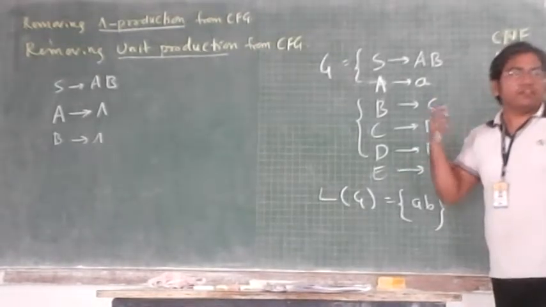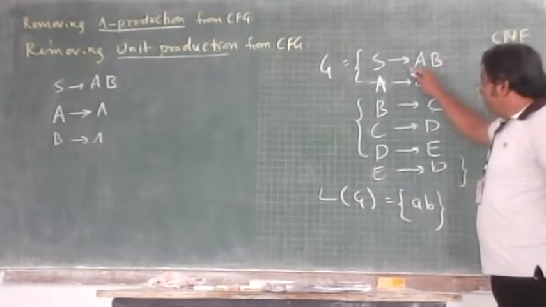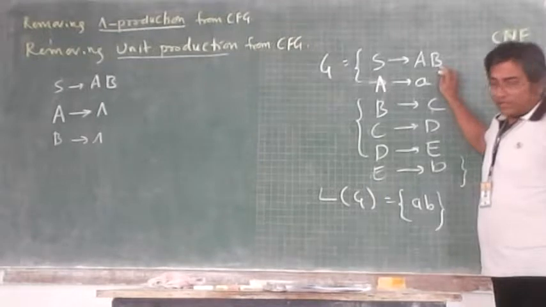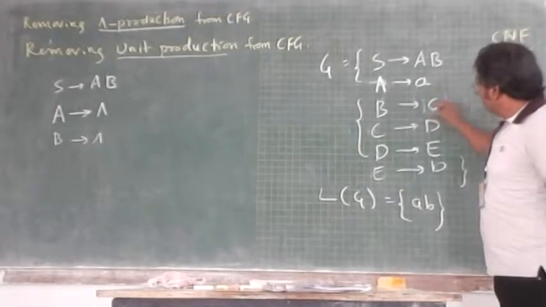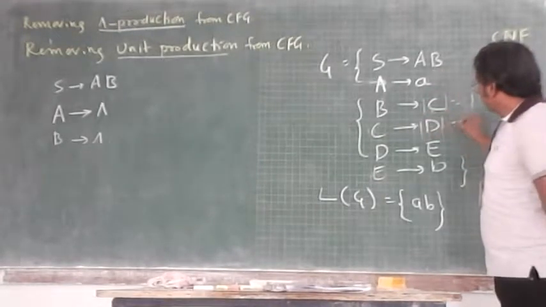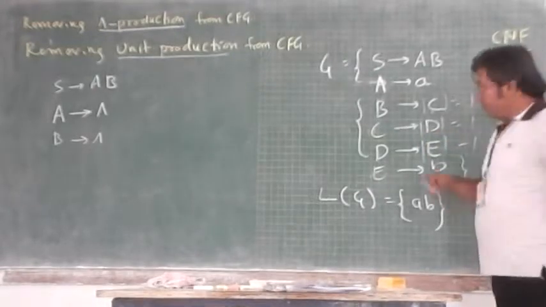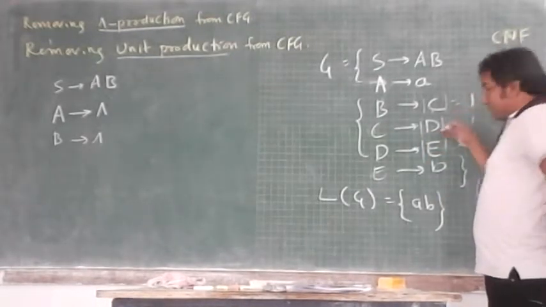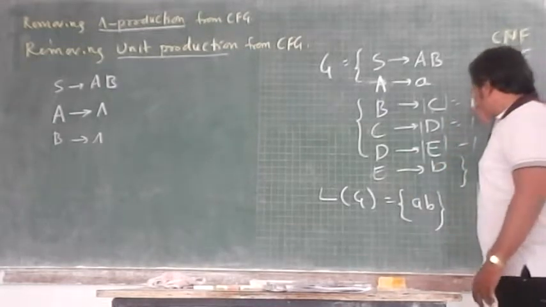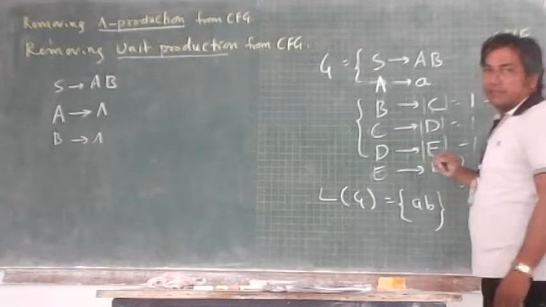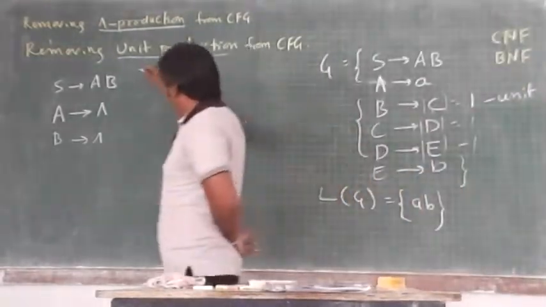A contribution is possible only if there is more than one symbol at the right hand side of the production. Here the size is only 1. That is why these productions are not able to contribute. So the productions whose right hand side is of size 1, that is, a unit, such productions are called unit productions.